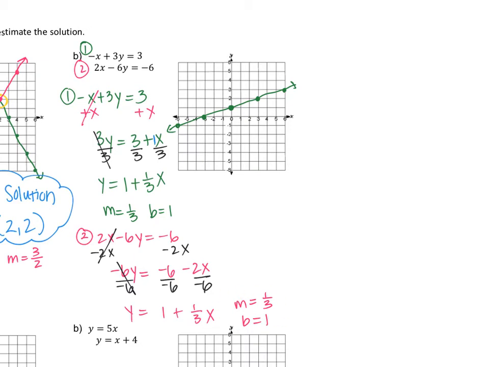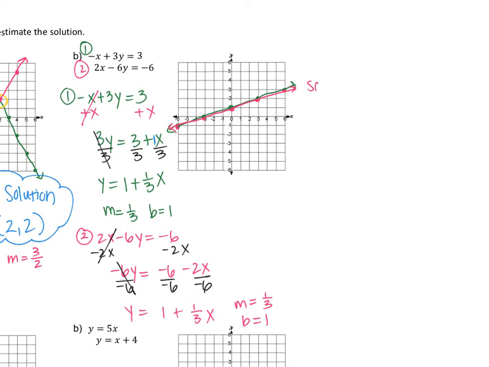Hey, wait a minute. Isn't that what I got before? Wait a minute. These two are the exact same equation. So if I were to graph this, it would kind of be redundant because they would be the exact same equation. This equation is sitting on top of the first equation.